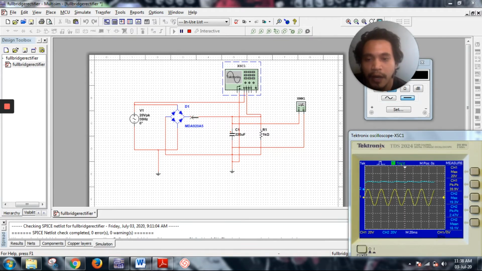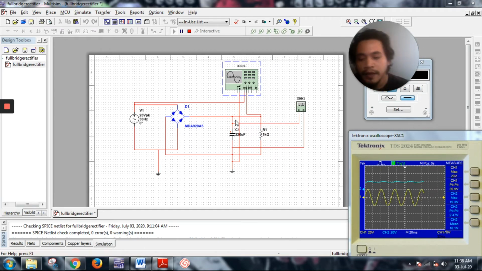So that's how we produce the DC output. We are using a 220 microfarad capacitor as a filter of this circuit.